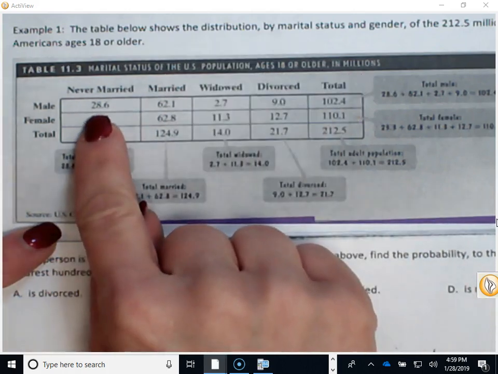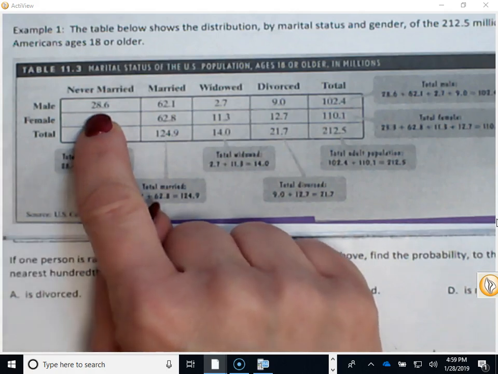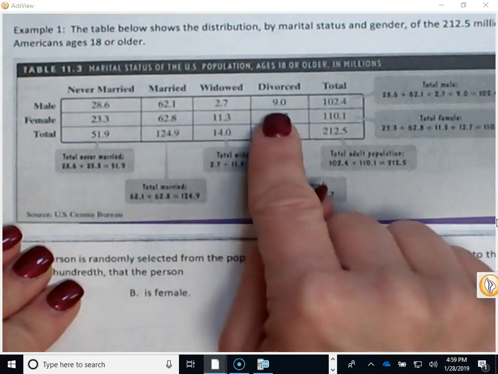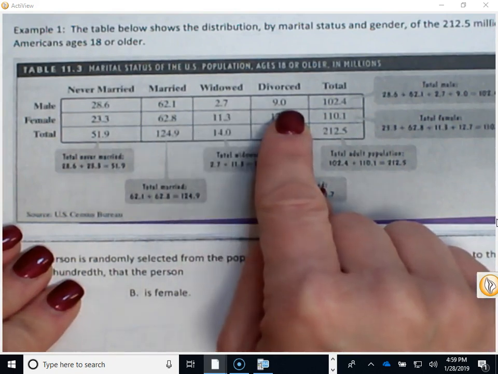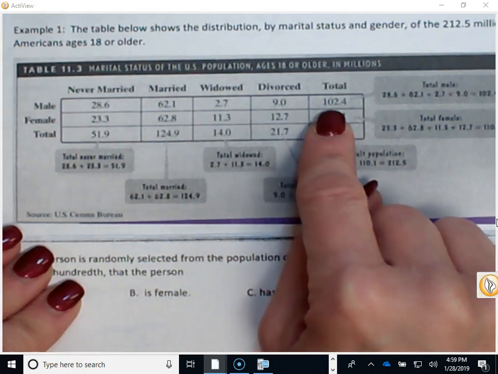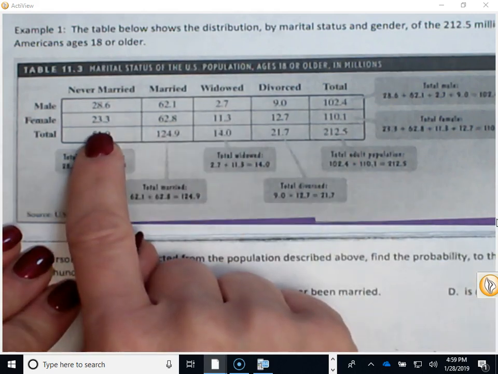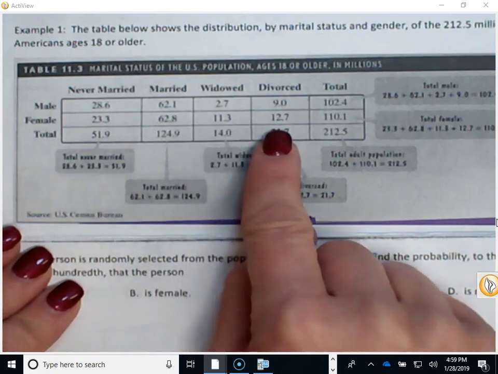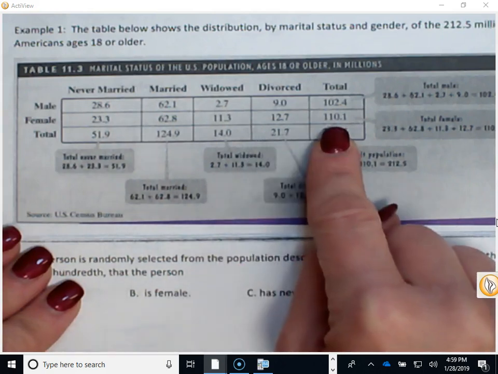So of the men 18 and older, they did this experiment with, 28.6 million were never married, 62.1 were married, 2.7 widowed, 9 million divorced, with a total, so the total number of men that they questioned was 102.4 million. Of the females, 23.3 million were never married, 62.8 were married, 11.3 were widowed, 12.7 million divorced, and there was a total of 110.1 million that they had asked this question for.